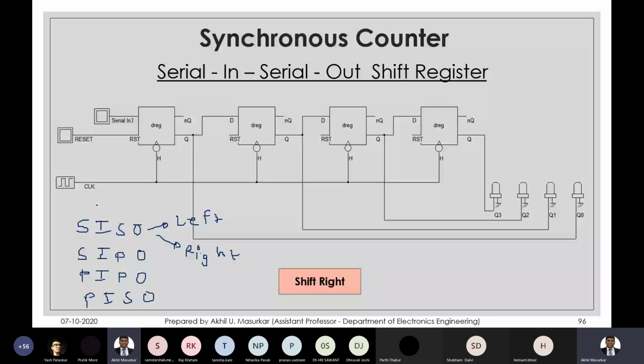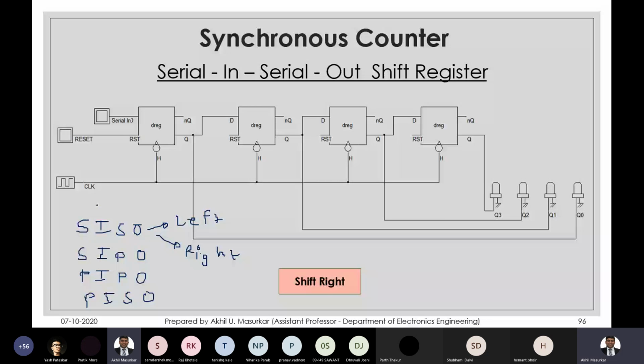So these kinds of registers, serial in serial out, serial in parallel out, parallel in parallel out, parallel in serial out, are used to perform different kinds of data transfers between two systems and within the system also. Generally our LAN cables will have serial data transmissions, whereas the address buses inside the computer system will transmit everything parallelly.